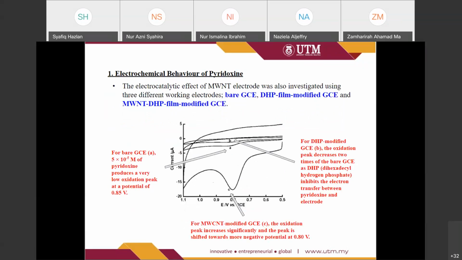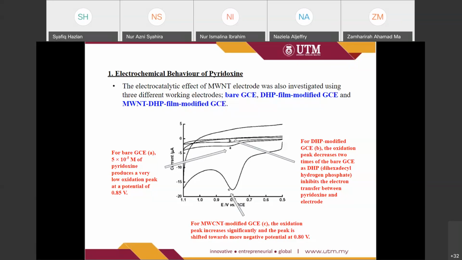So the electrocatalytic effect of the multi-wall carbon nanotube electrode was also investigated using 3 different working electrodes, which are bare glassy carbon electrode, DHP film modified glassy carbon electrode, and multi-wall carbon nanotube DHP film modified glassy carbon electrode. In this voltammogram, we can see that at part A, which is the bare glassy carbon electrode, 50 micromolar of pyridoxine produces a very low oxidation peak at the potential of 0.85 volt.